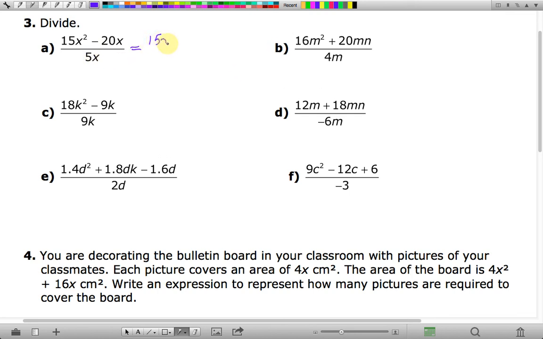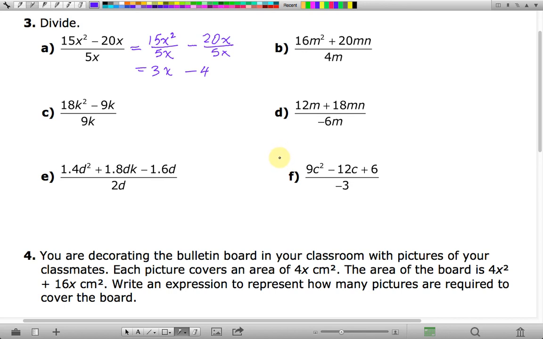So if you like, I can write that step down for this first one. 15x squared divided by 5x is how I get the first term, and minus 20x divided by 5x is how I get the second term. So 15 divided by 5 is 3, and x squared divided by x is x. 20 divided by 5 is 4, and the factor of x divides out. So that's what you're left with as your quotient.